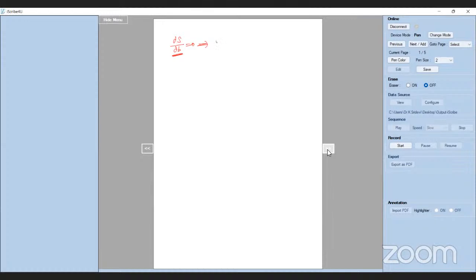So 2 into yi minus a plus b xi, summation as it is. And with respect to b, partial differentiation with respect to b. What is b? Coefficient of xi. So xi is the coefficient of b, xi will come as it is.